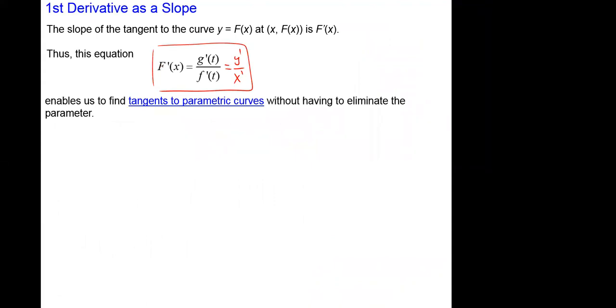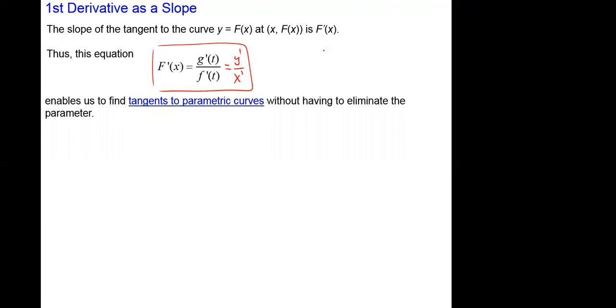And then, of course, we can find some tangent lines to the parametric curves. In order to find the horizontal tangent, horizontal tangent means that the derivative is 0.